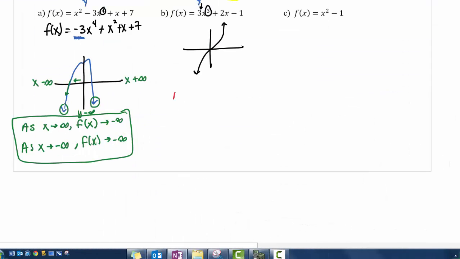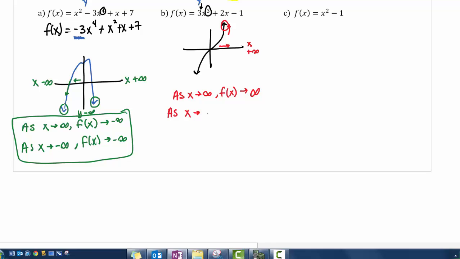So as x approaches positive infinity, we're looking for what f of x approaches. So x approaching positive infinity is going to the right. Well, my graph is going up all the way to positive infinity because it's going to go on forever.